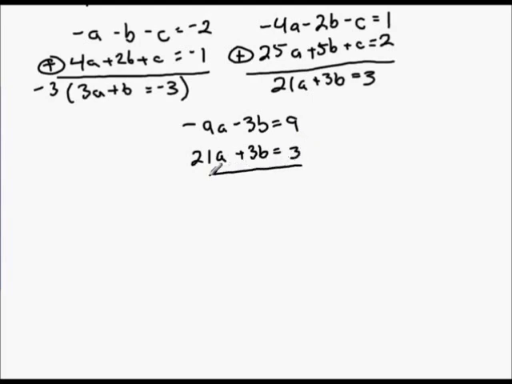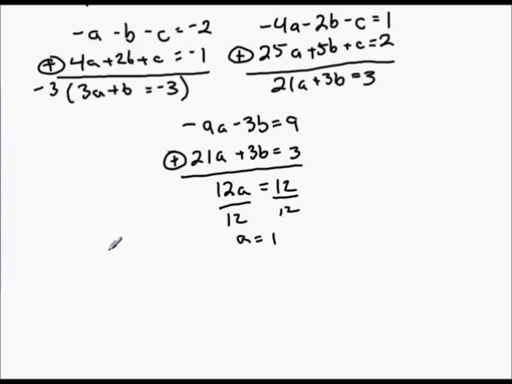So if I go ahead now and add these two equations together, negative 9a plus 21a gives me 12a. The b's go to 0, and 9 plus 3 equals 12. Divide both sides by 12, and I get a equal to 1.